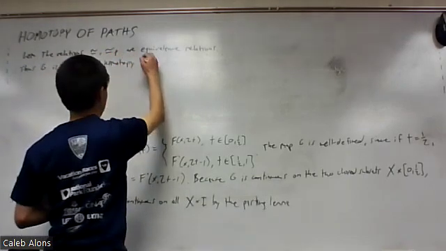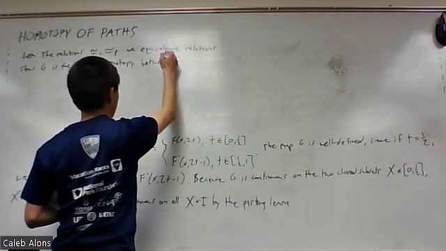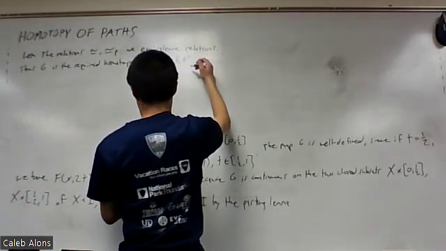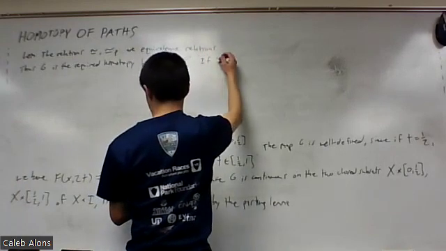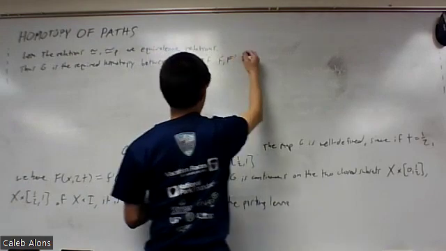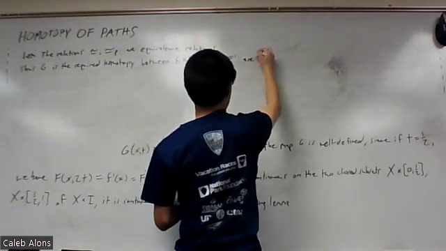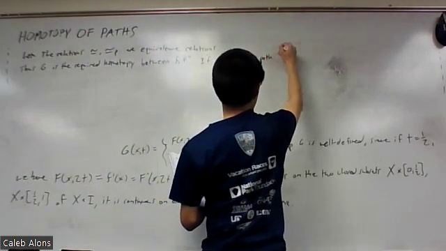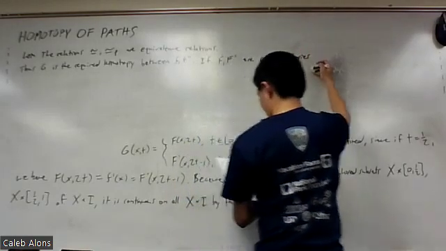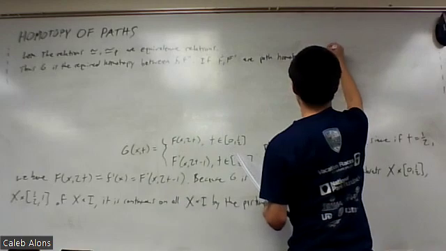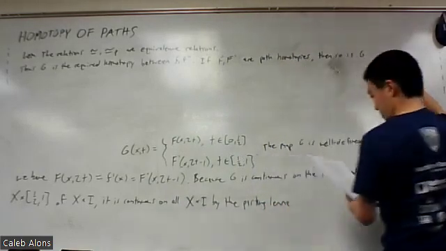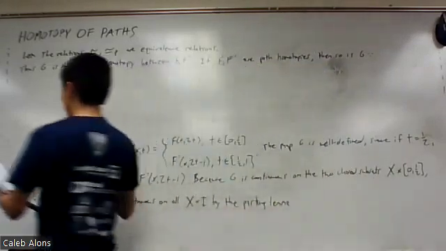And if F and F prime are path homotopies themselves, then so is G, because we can observe two things.